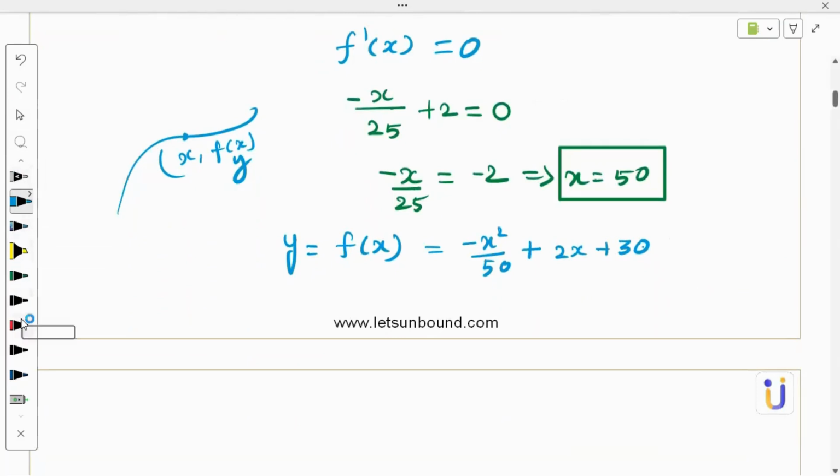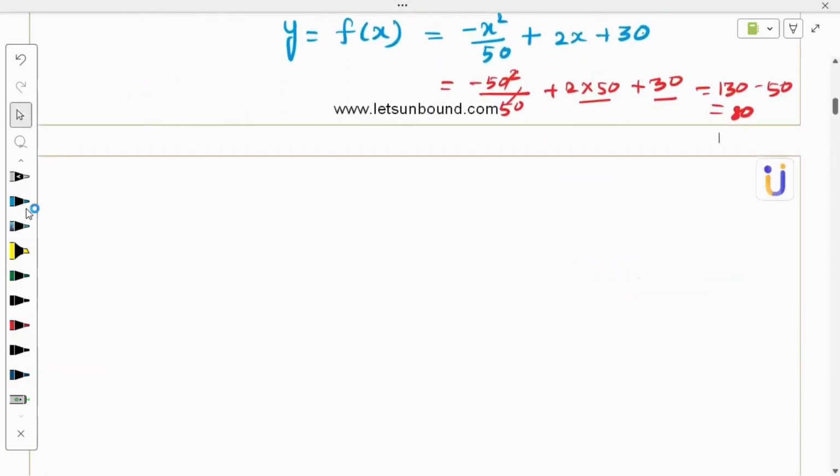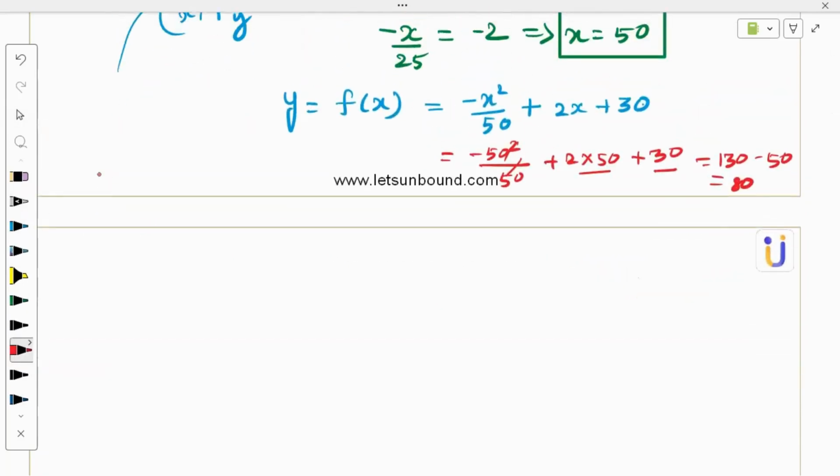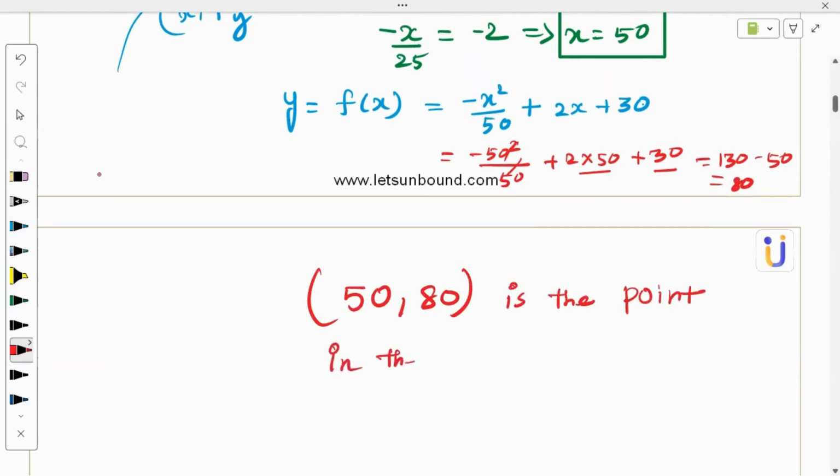It's 50, so minus 50 squared by 50. You can solve it on a calculator too, but I'm just solving here. The 50 will get cancelled, 100 plus 30, 130 minus 50. Finally, the y value is 80. And we got the coordinates. The furthest point towards the north is x is 50, y is 80.